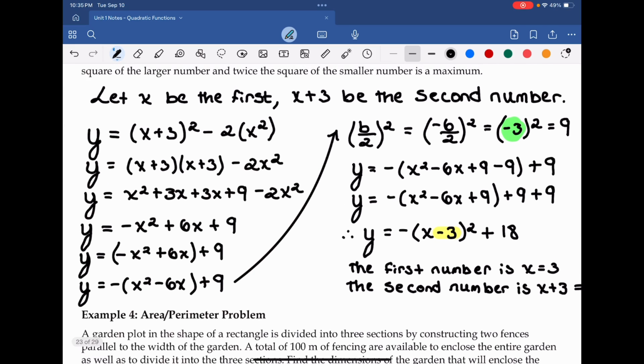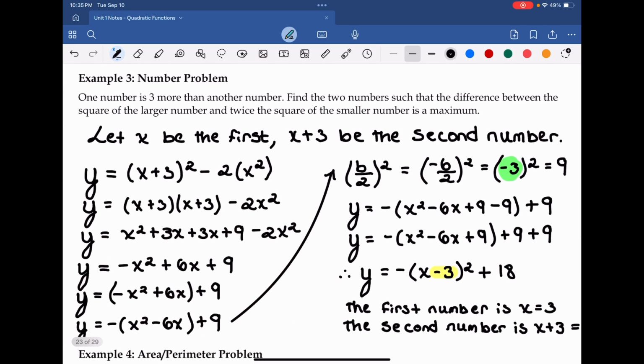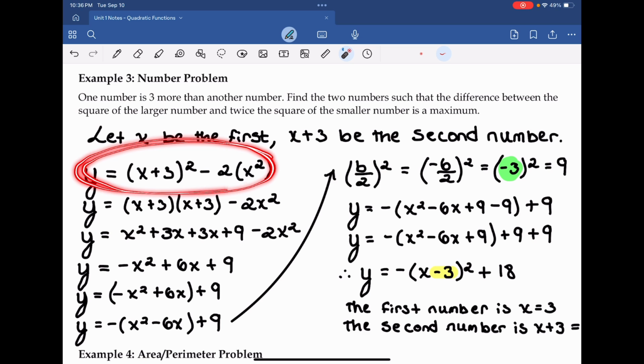Well, in this case, let's go back to the context and review what this 18 is, or what our maximum is. They said that the maximum difference we could expect would be the Q value, aka the 18.